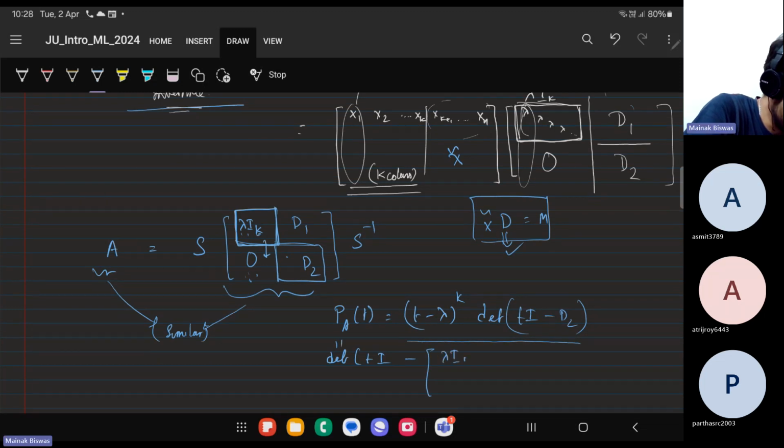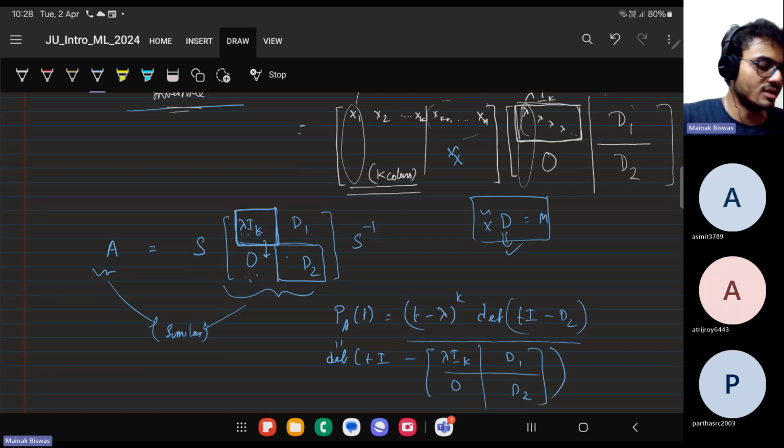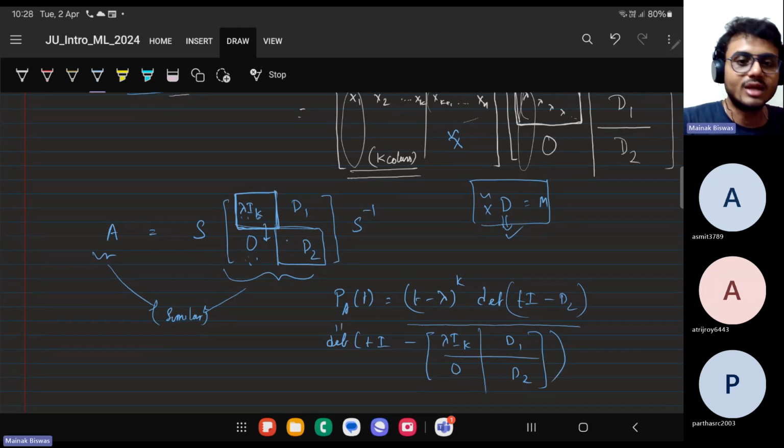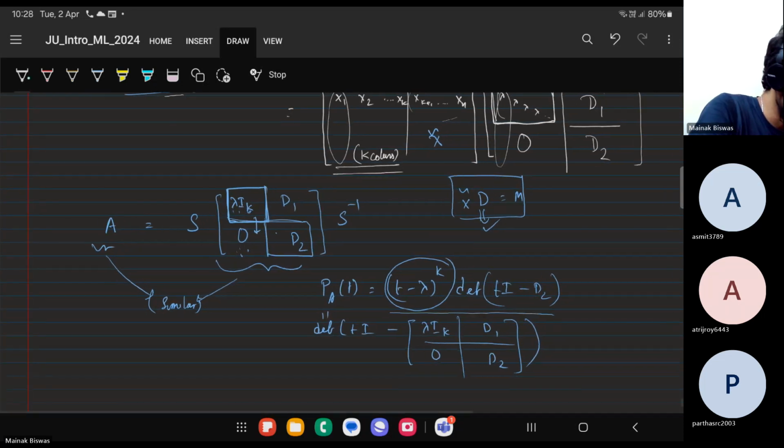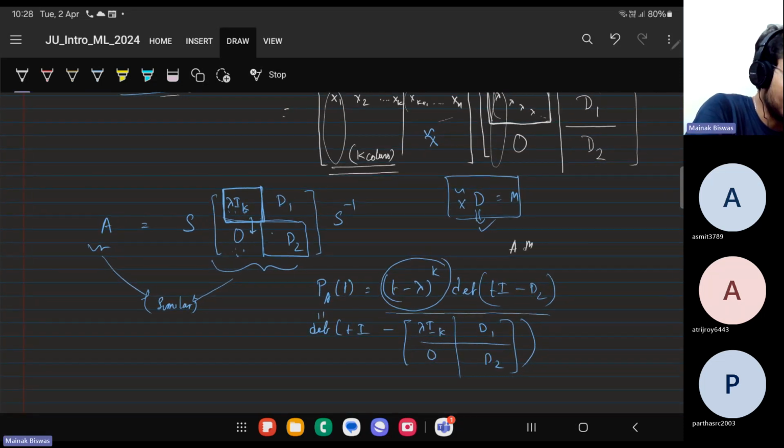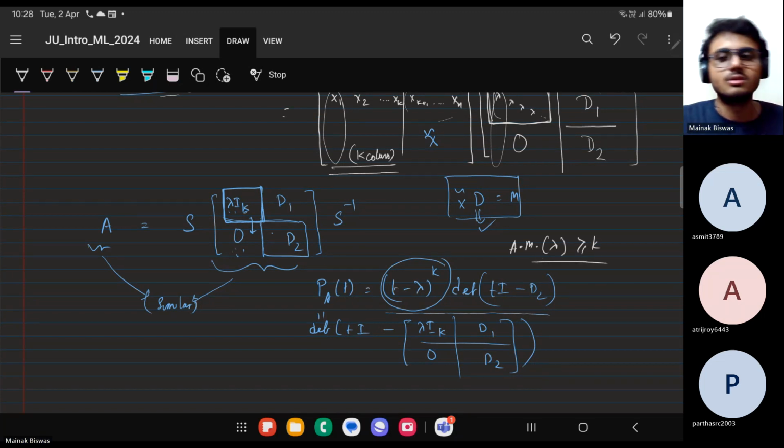Now if you understood, ask me, okay? I'm waiting for this and then it will be done. This is the last part. Any question? So now what can you tell? How many roots does lambda have? How many repeated roots at least? So the algebraic multiplicity of lambda is at least k. Yes or no?